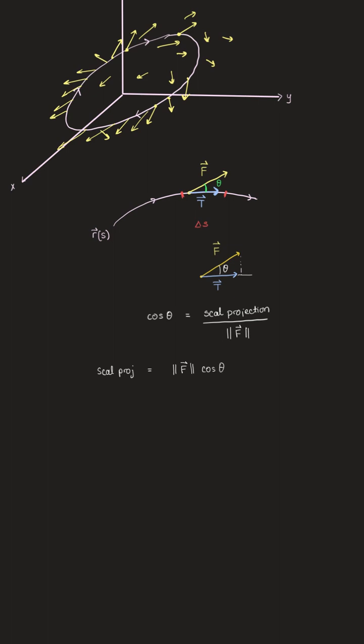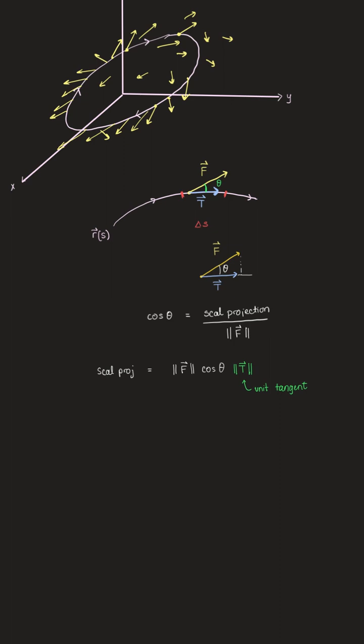And now, for reasons that may not seem clear to you at the moment, but will be clear shortly, I'm going to multiply this expression by the magnitude of t. And I can do that because t is our unit tangent, so it has magnitude of 1.